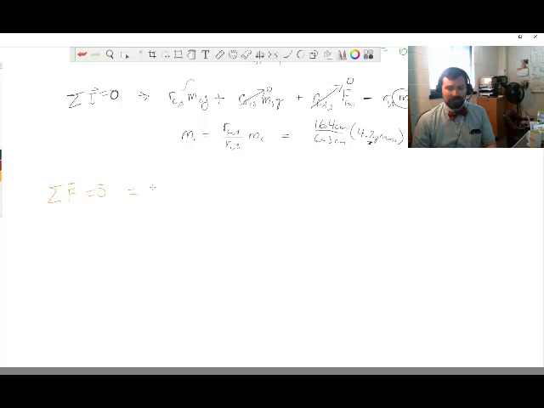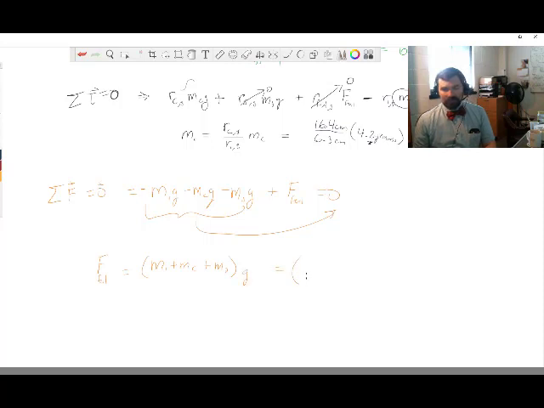And downward forces, you have M1 times G, you have MC times G, you have MS times G, and then the upward force is the force of your fulcrum. That's equal to 0. So move all of this stuff over, and you have that the force of the fulcrum is M1 plus MC plus MS times G.